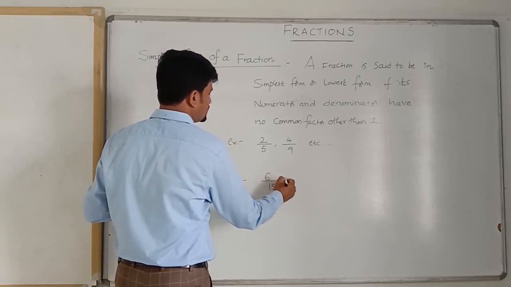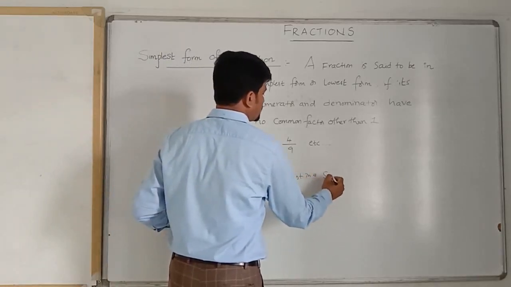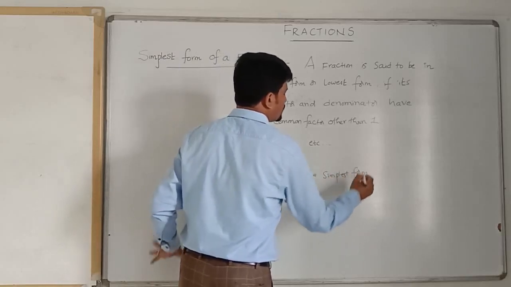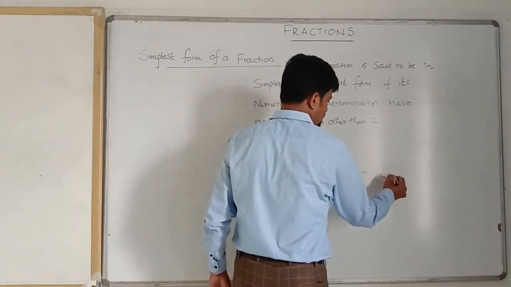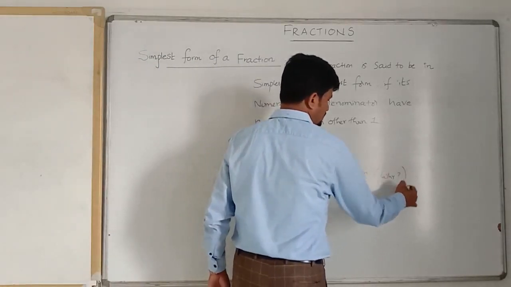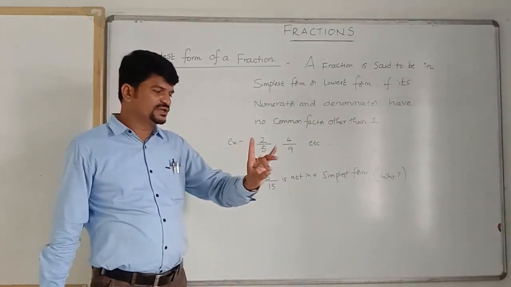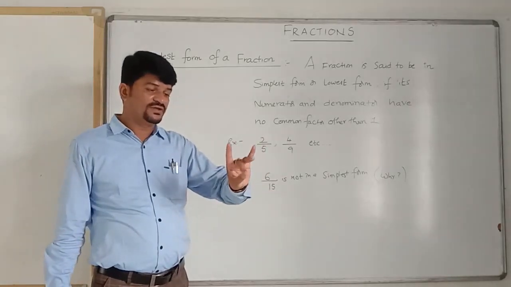Here is another example: 6/15 is not in simplest form. Why? The factors of 6 are 1, 2, 3, 6. The factors of 15 are 1, 3, 5, 15.